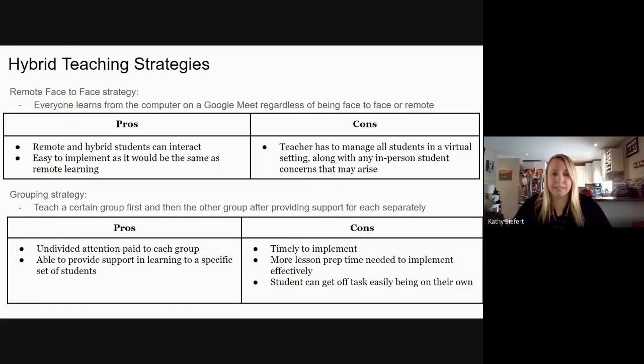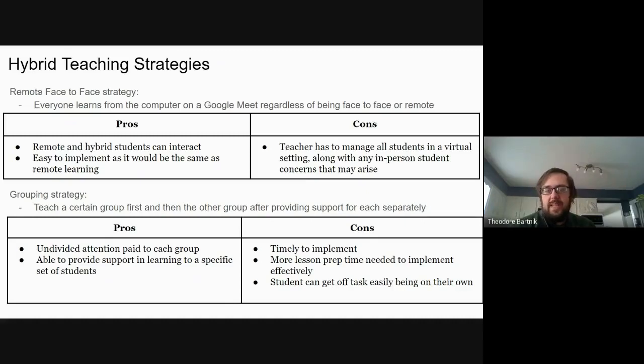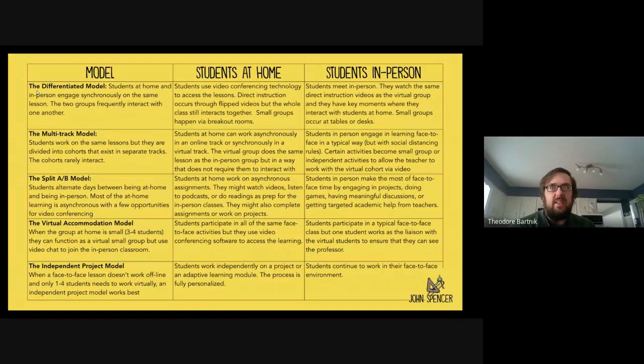The cons with this, it's timely to implement because, of course, while you're teaching one group, the other group has to be working on some sort of activity or viewing an instructional video, so there's prep time to make all of that happen. And of course, we know students can easily get off task if there isn't an adult directly engaged during that instruction. And the really cool thing about grouping is that it just seems like there's hundreds of ways to implement it, and there is no one right way to do it either.